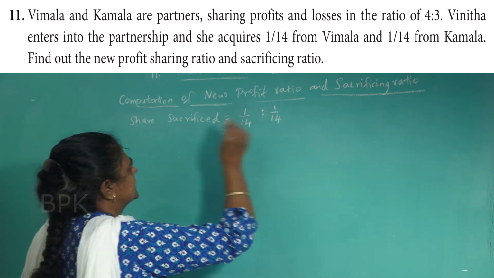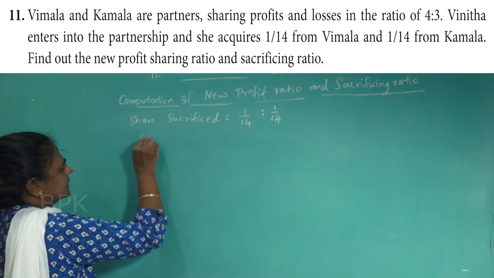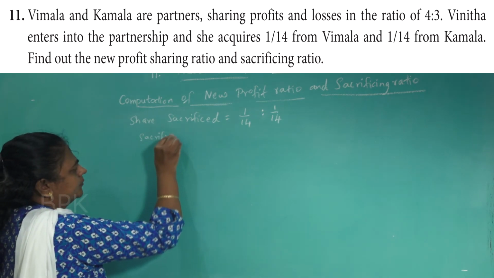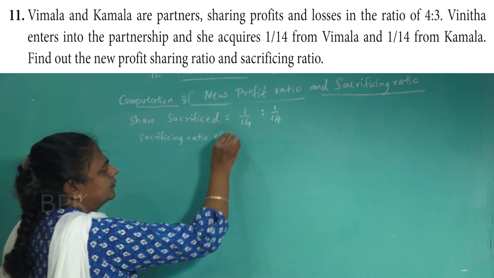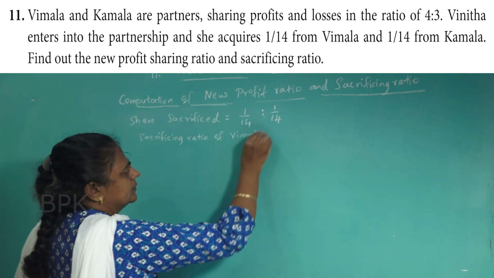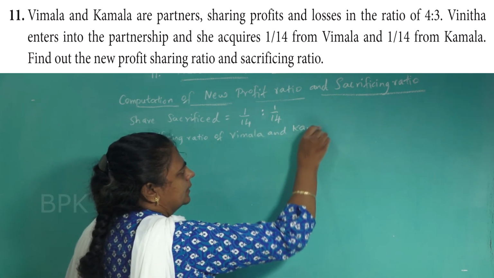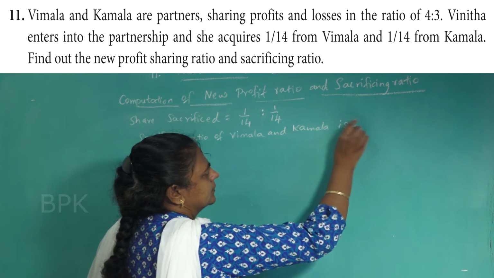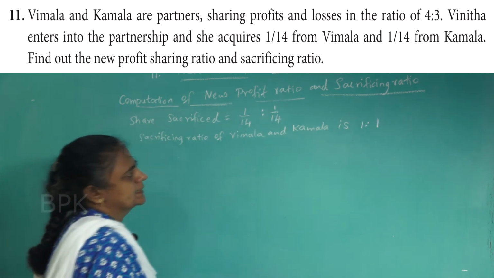So the sacrifice is given in the question. So the sacrificing ratio of Vimala and Kamala is 1 is to 1. Both are given.